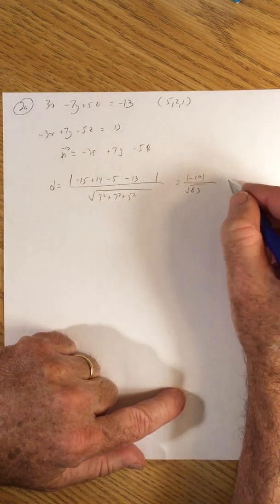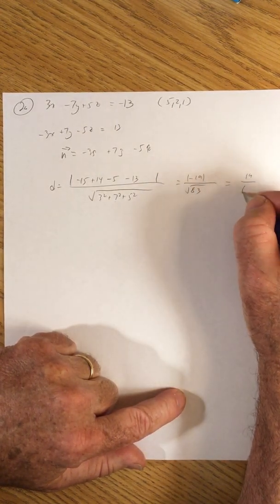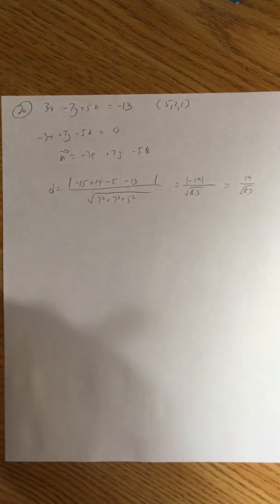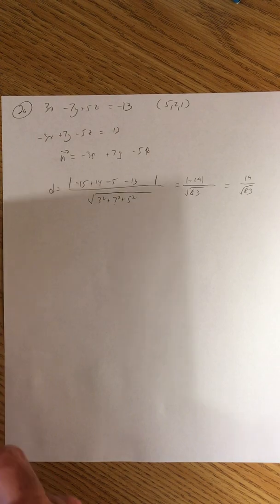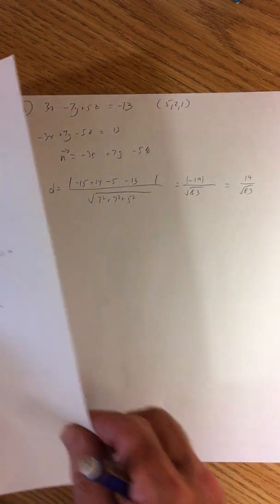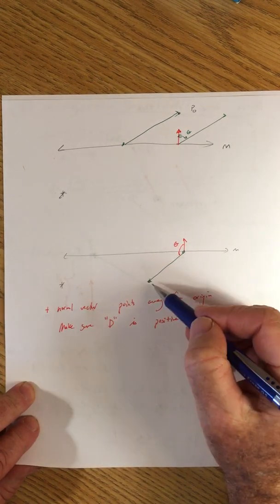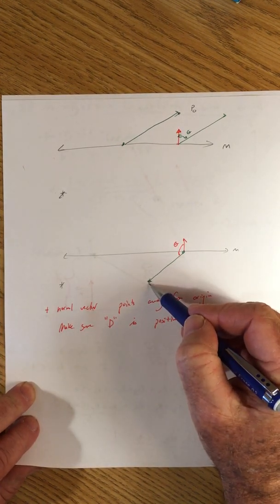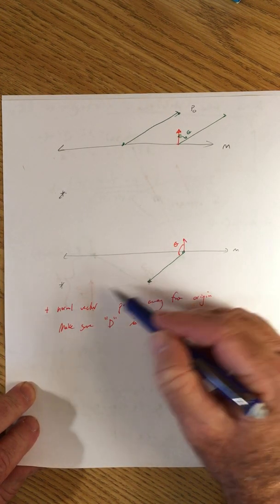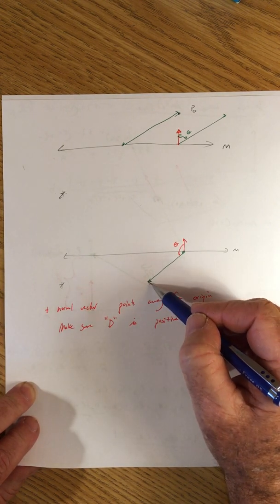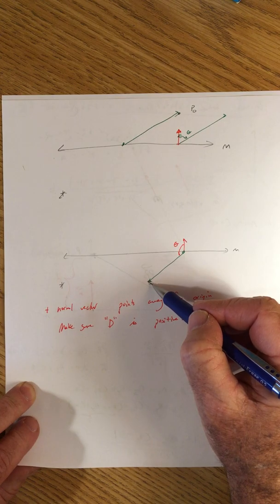Now the distance itself is 19 divided by the square root of 83, but this negative sign in here, what does it tell us? I'll go back to the diagram that we just drew. If it's a negative, that means that the point is on the same side of the plane as the origin.